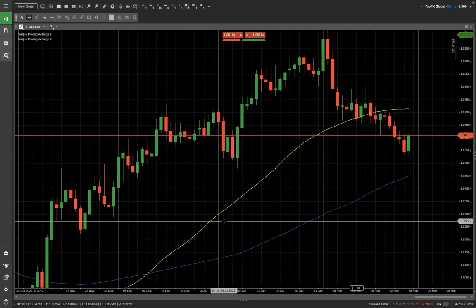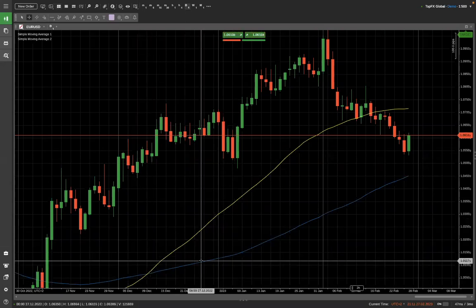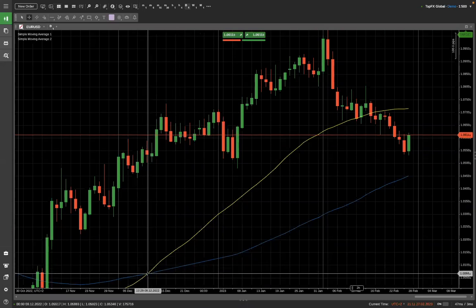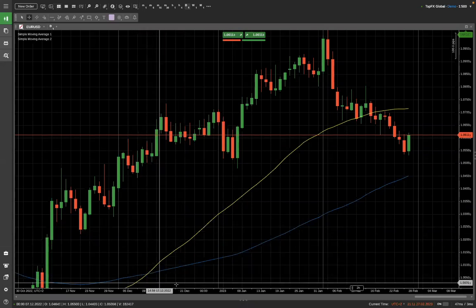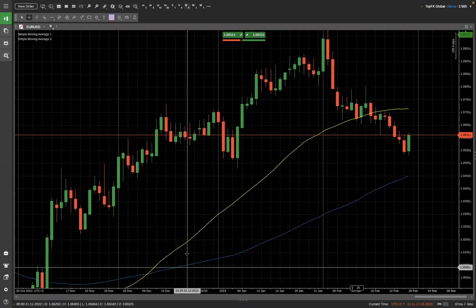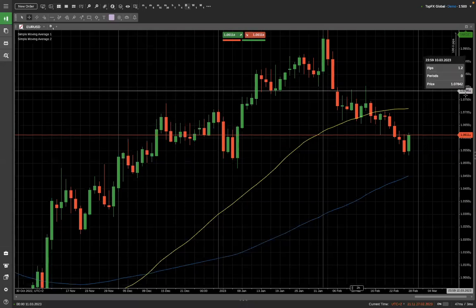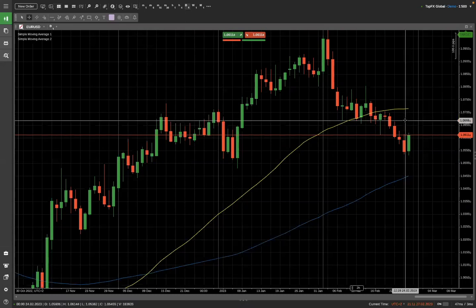So the faster yellow moving average is crossing the blue moving average, and that is considered a bullish signal on the daily time frame chart. Please make yourself familiar with the concept of crossing lines, because we are going to talk about them later on. So this is one of the indicators that every trader should know.